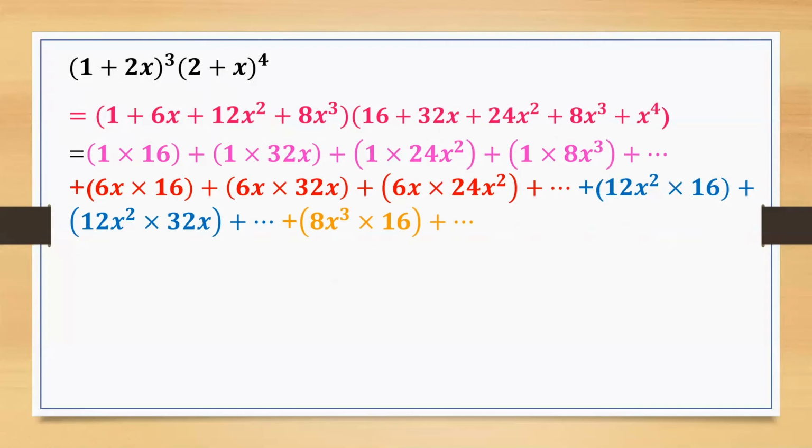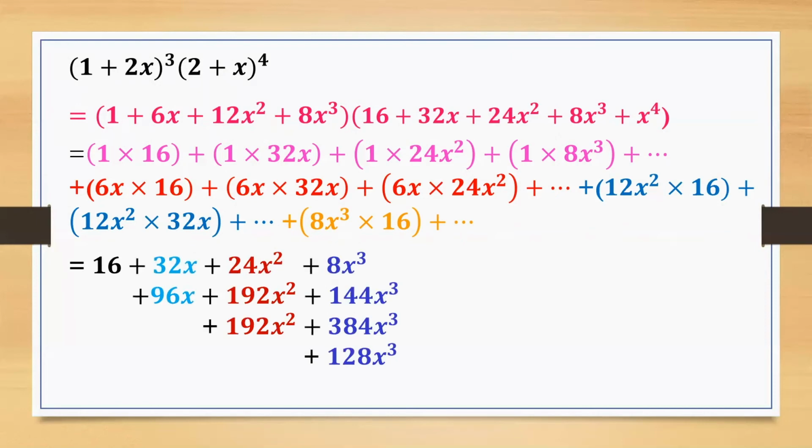Expanding the brackets will give me 16 + 32x + 24x² + 8x³ + 96x. Now you will see that I have written the like terms one under the other so that it is easier for me to add.